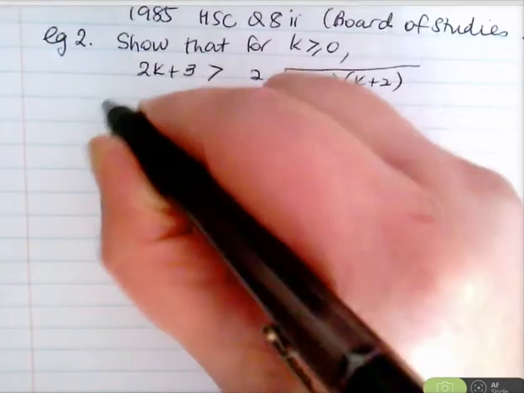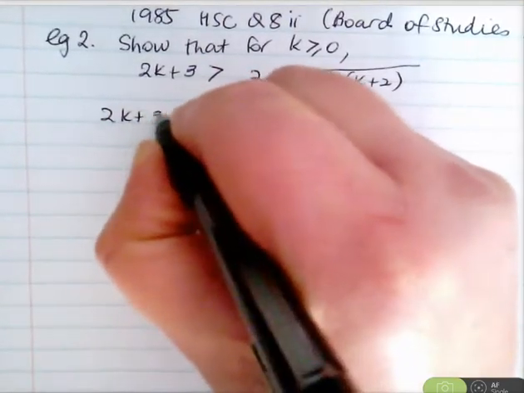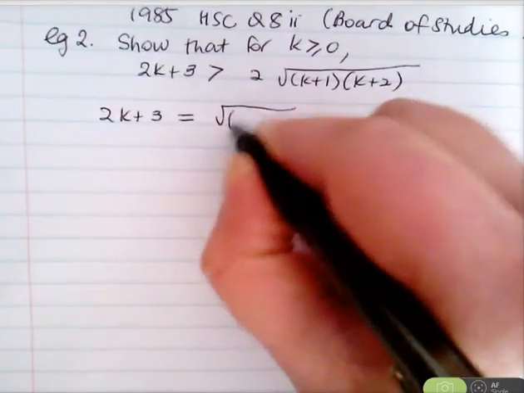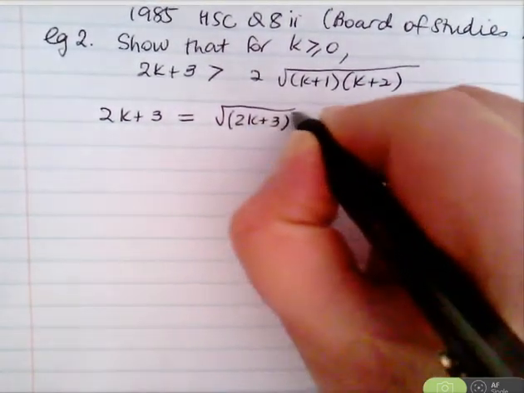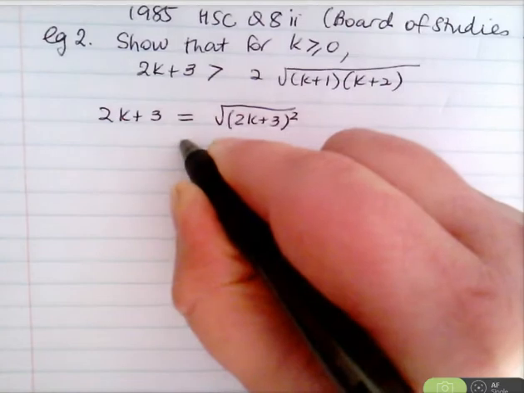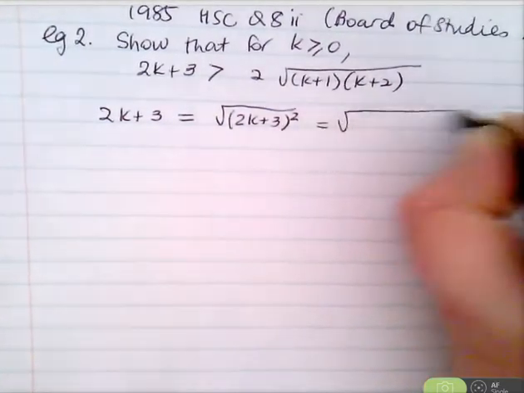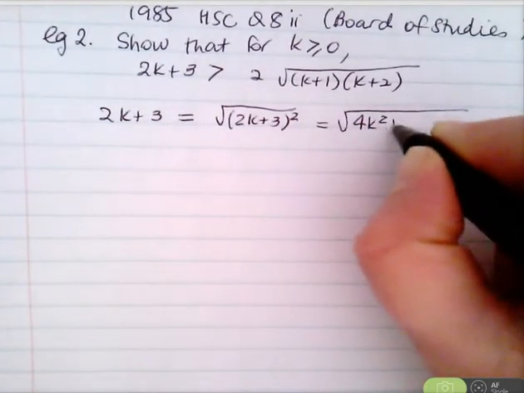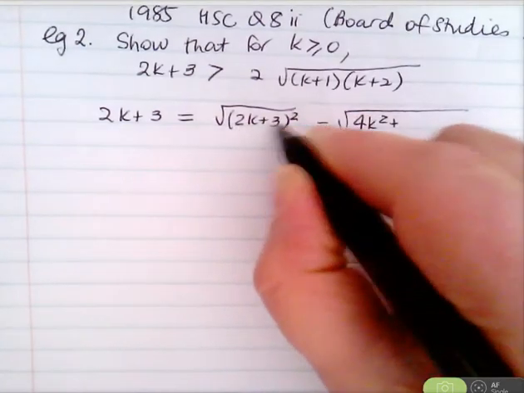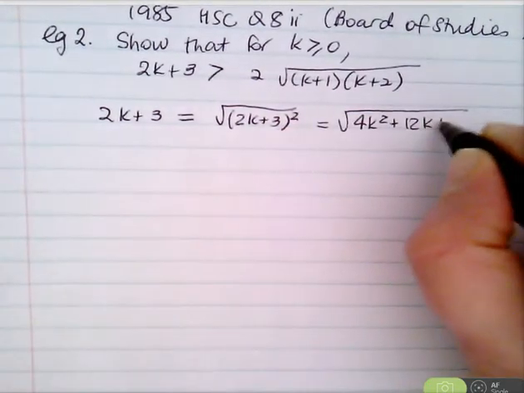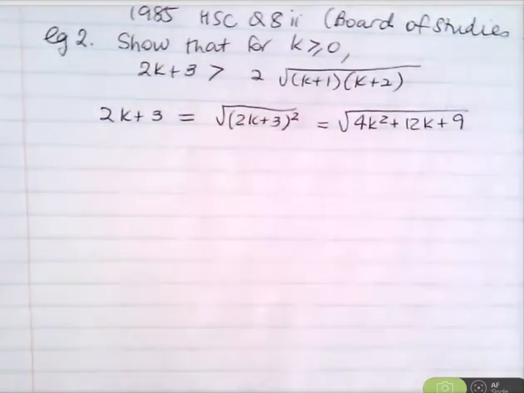Okay, so we know that 2k plus 3 is equal to the square root of 2k plus 3 squared, which is the square root of 4k squared plus 2 times 2k times 3, which is plus 12k plus 9.